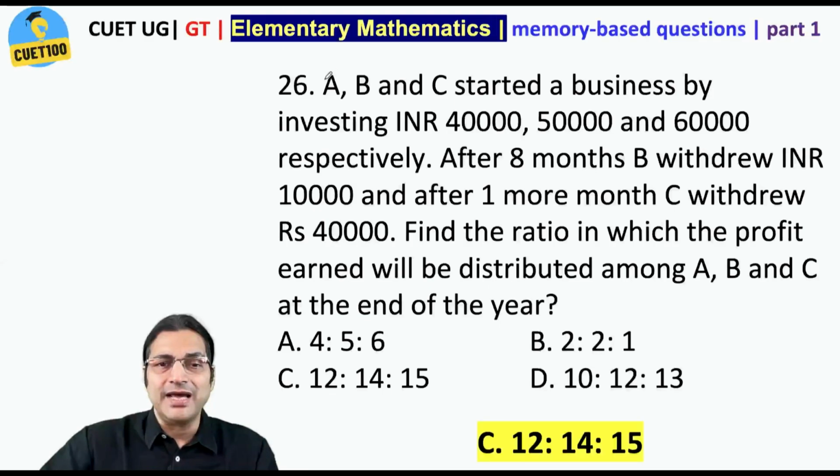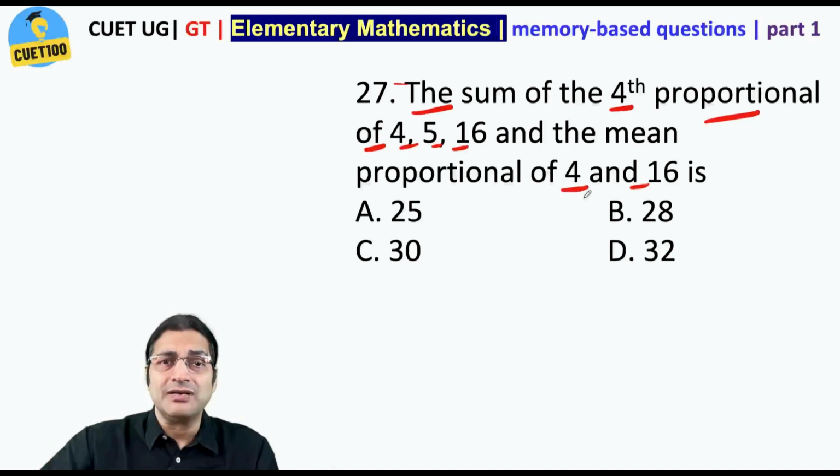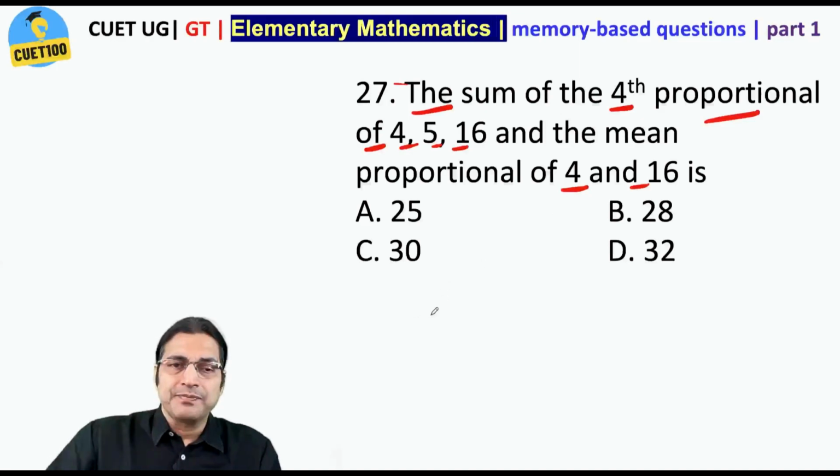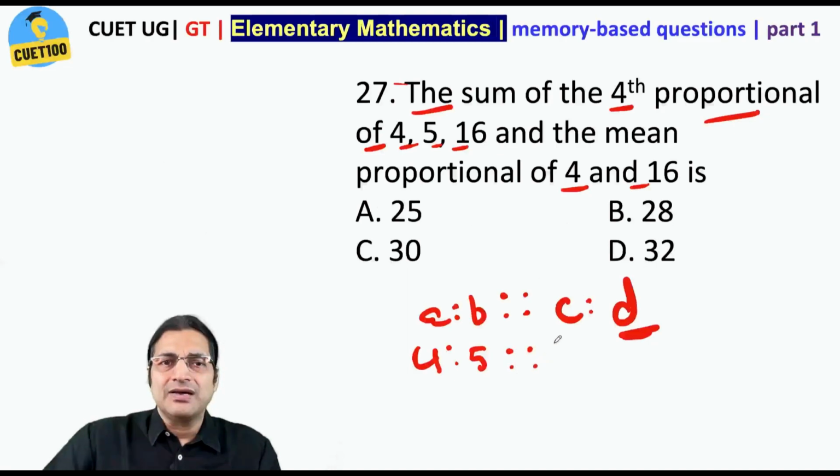Alright. Okay. The sum of the fourth proportional of 4, 5, 16 and the mean proportional of 4 and 16. Alright, what is the fourth proportional? Okay, if A is to B is to C is to D, D is the fourth proportional of A, B and C. Here we have 4 is to 5, right?